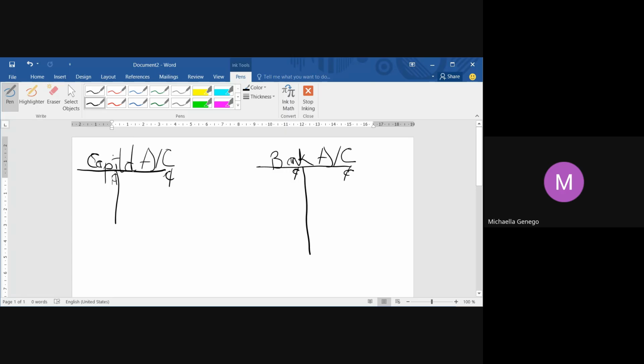So what went on? Okay. After deposit, should I move to number two? What is happening to capital? Capital is increasing, right? Yes, madam. Increase in capital is what? Credit.